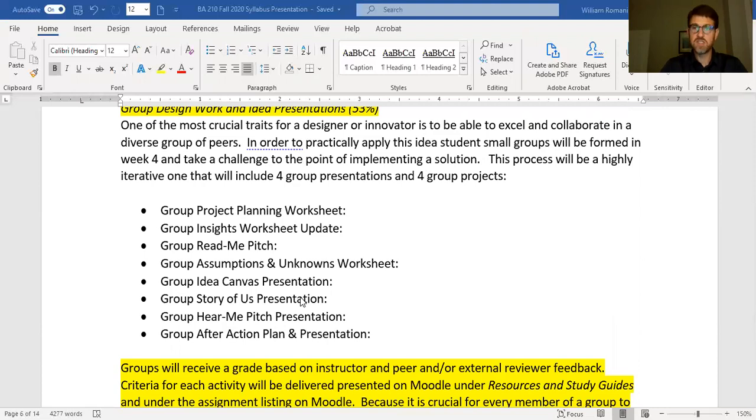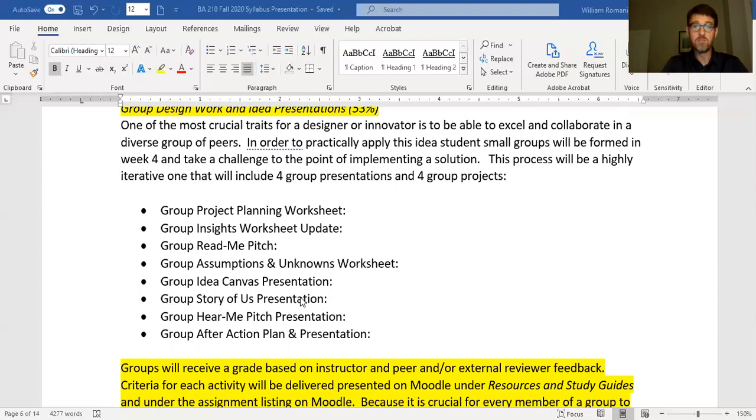For each group presentation, the group itself will get a grade for the content of the presentation, right? That could be 5 points, or as we get to the hear me pitch and the after action plan, 10 or 15 points. The presenter also has 5 points for their ability to present the material. That grade is theirs individually.